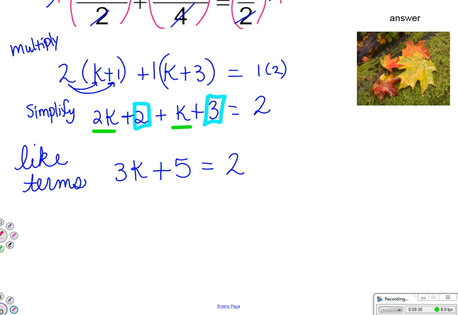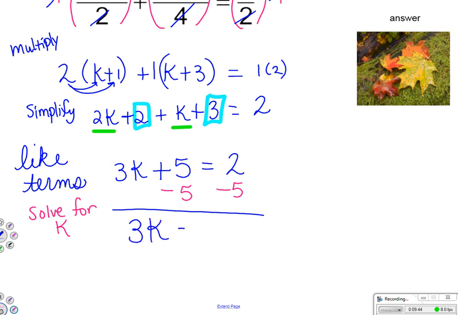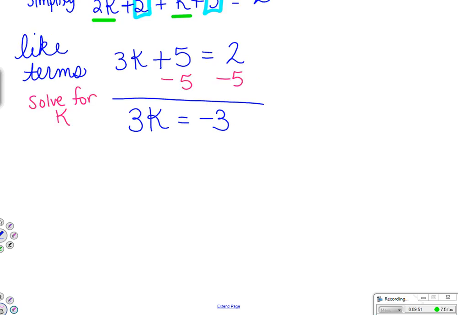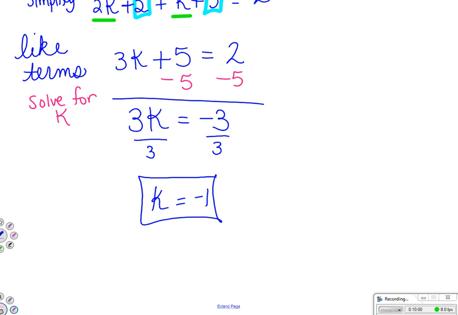Now let's solve for k by getting it by itself. So I'm going to subtract 5. And that's going to give me 3k equals negative 3, because 2 minus 5. And then we're into the division step, divide by 3. K equals negative 1.